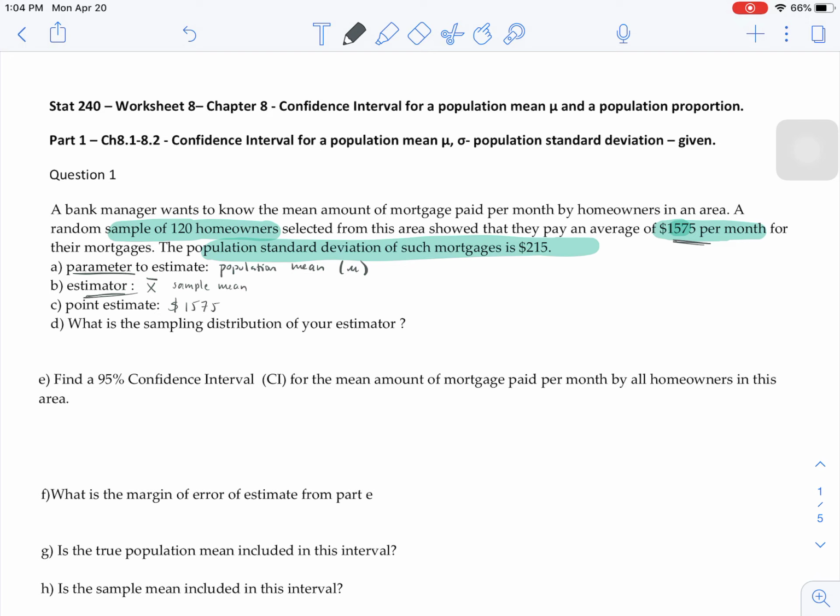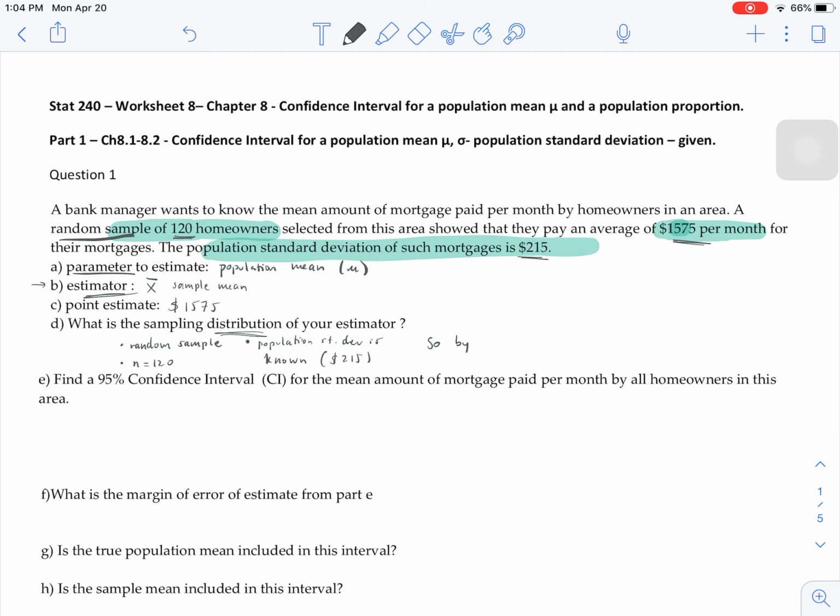So let's figure out the sampling distribution of our sample mean here. We know that we have a random sample because it told us that. And it told us that our sample size was 120. And the population standard deviation is known, and it's $215.